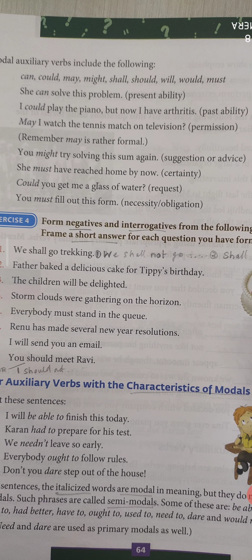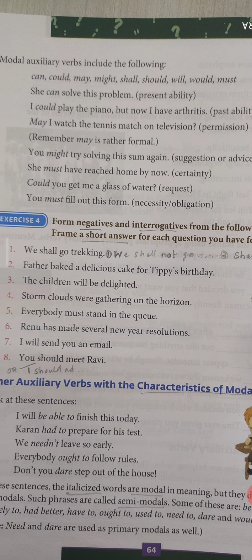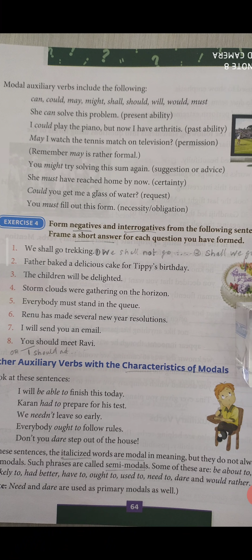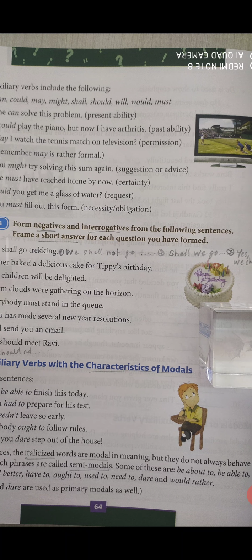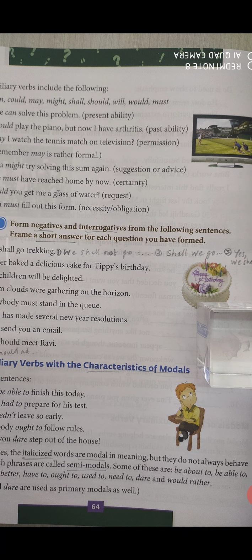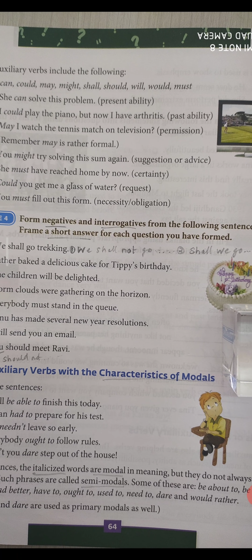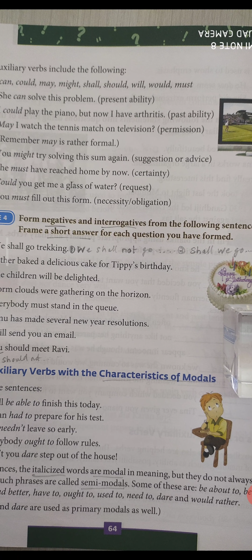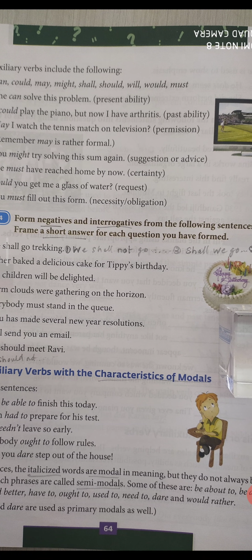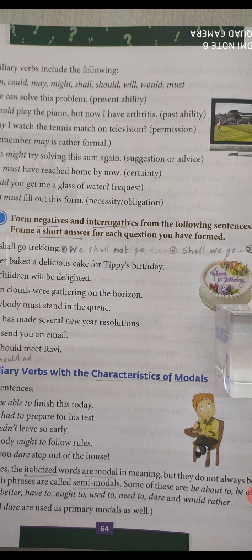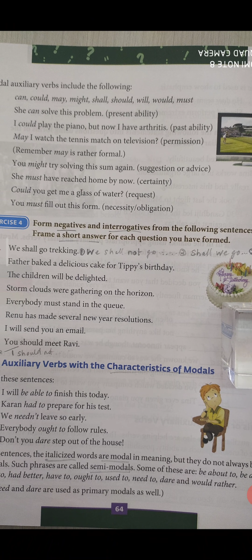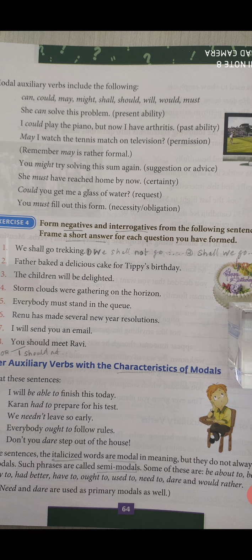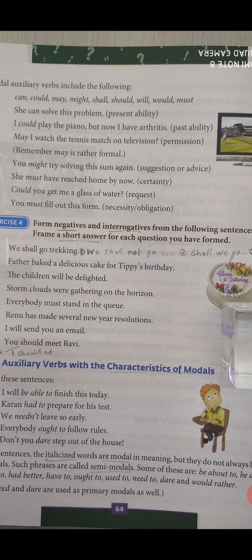Okay. Next is exercise number 4. Form negatives and interrogatives from the following sentences. And third, frame a short answer for each question you have formed. Three things you need to do. From the given sentence, you make a negative.